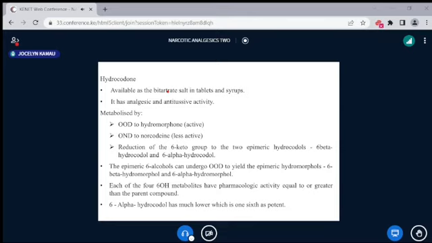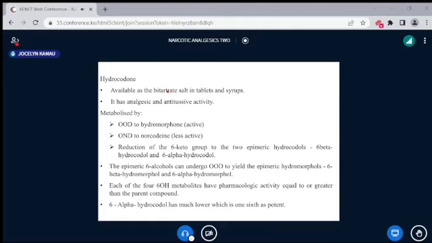Metabolism: it can undergo oxidative O-dealkylation, that is oxidative O-demethylation, to hydromorphone. This is removal of the methyl group, because remember it's hydrocodone, a codone, it has saturation at position 7-8, and it has a methyl group at position number 3.